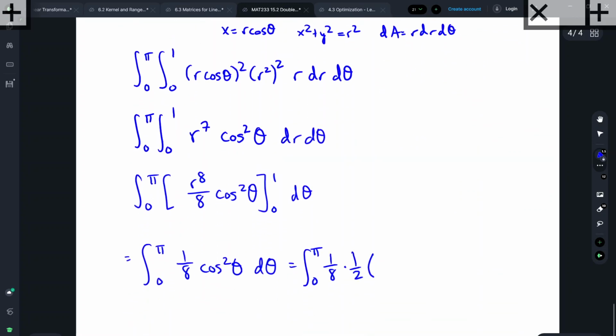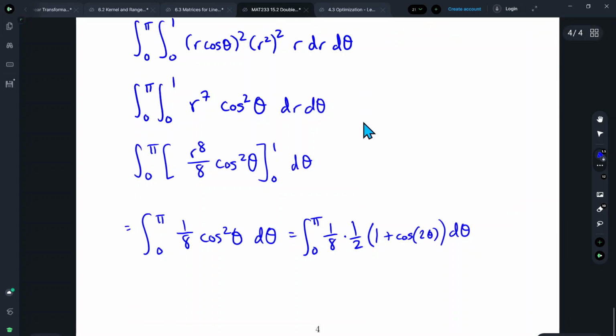It's 1 plus cosine 2 theta d theta. Okay, so now we calculate this integral. So 1/8 times 1/2 is 1 over 16.